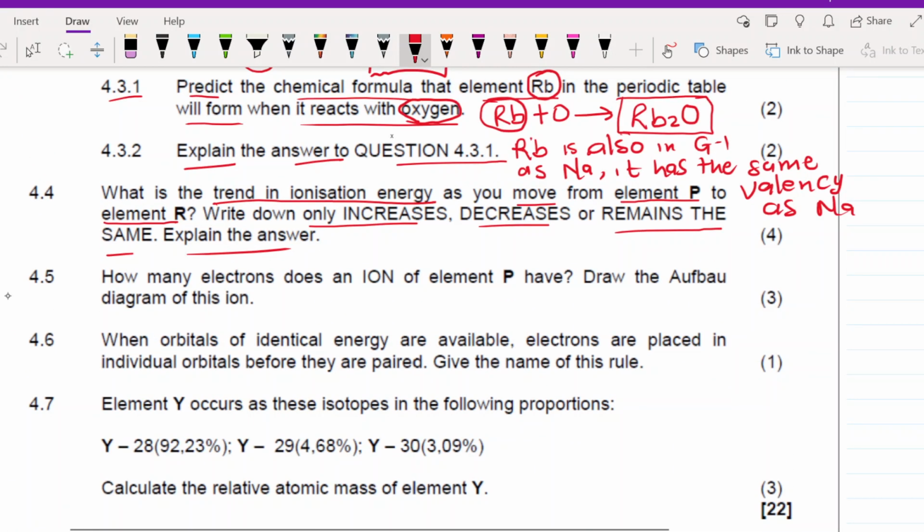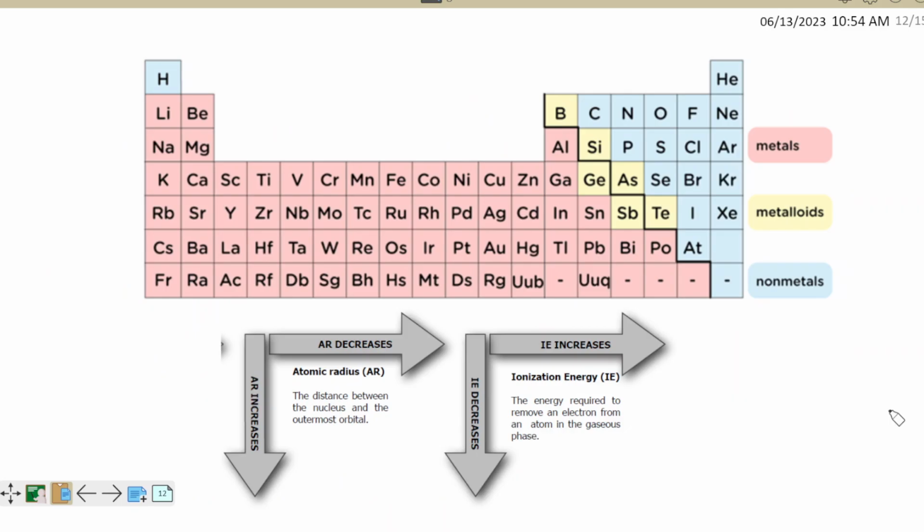So what is the trend in the ionization energy? We need now to explain what is ionization energy. Ionization energy by definition, we said, is the energy required to remove an electron from an atom in a gaseous phase.